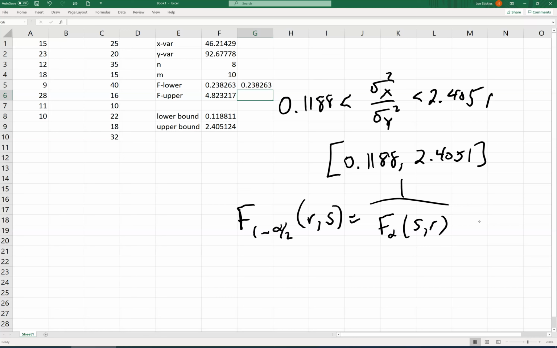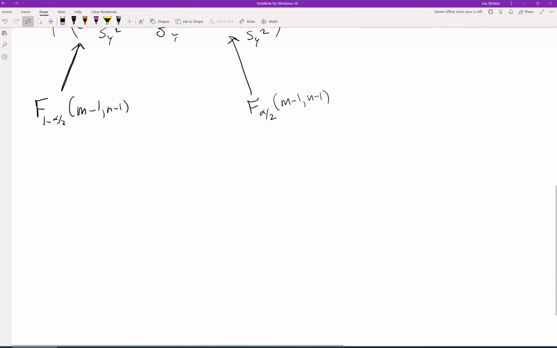Okay. Well, let's look at then the next section, more confidence intervals. So for 6.5, we're going to do confidence intervals for proportions.